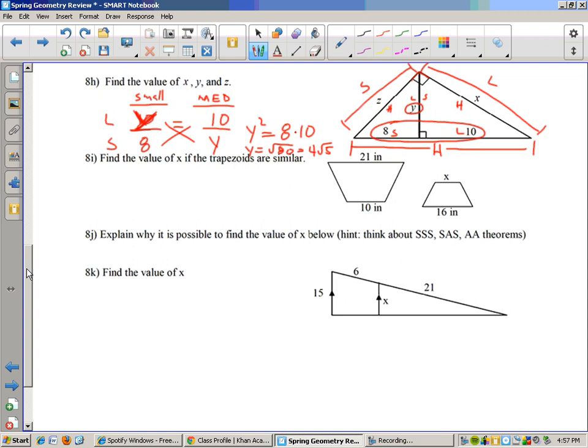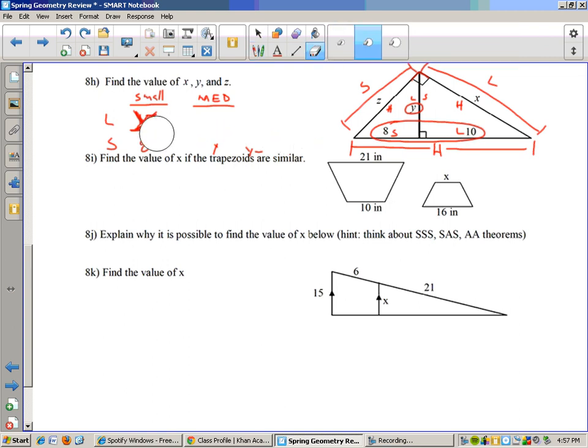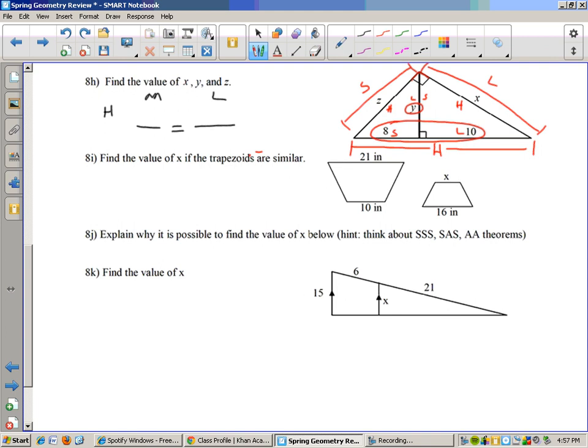let me just erase all of this. So now if I go from the medium to the large, and I want to do the hypotenuse, okay? So the hypotenuse of the medium triangle is x.